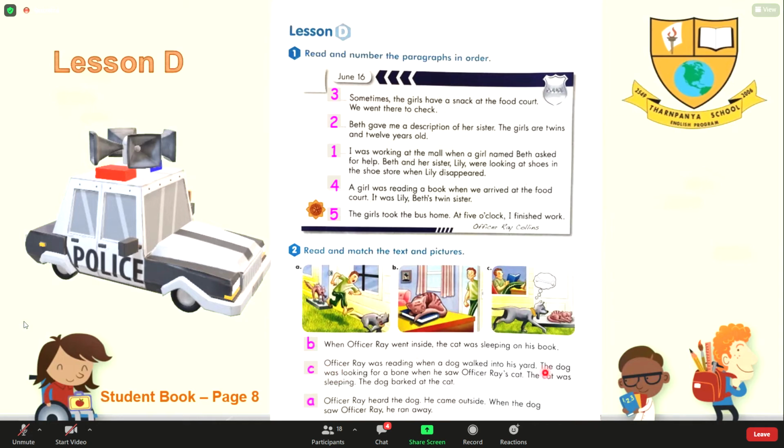Was reading when the dog walked into his yard, when he saw Officer Ray's cat, the cat was sleeping.